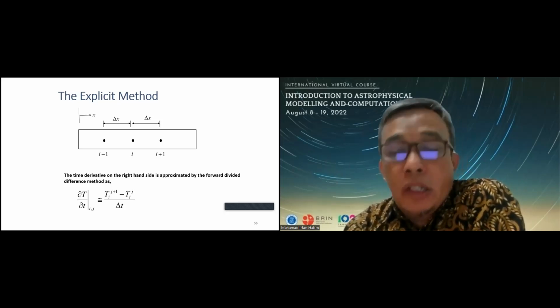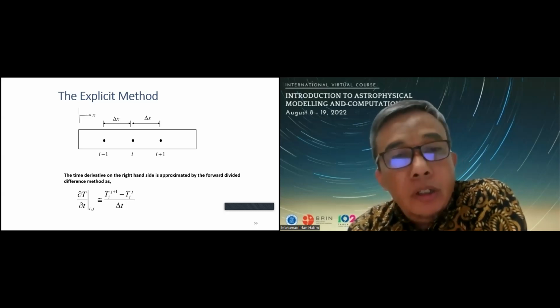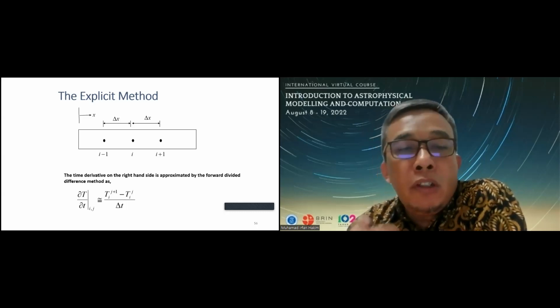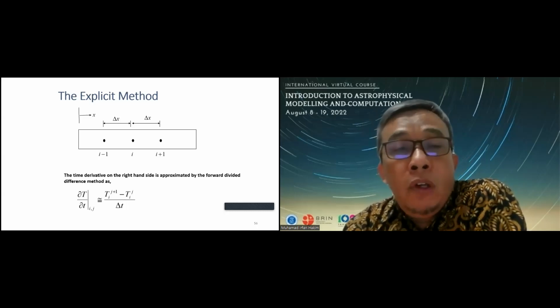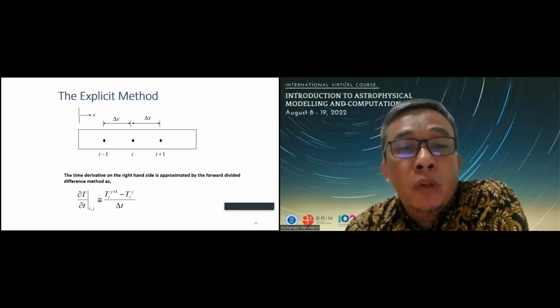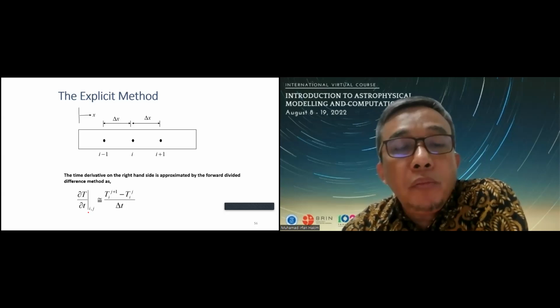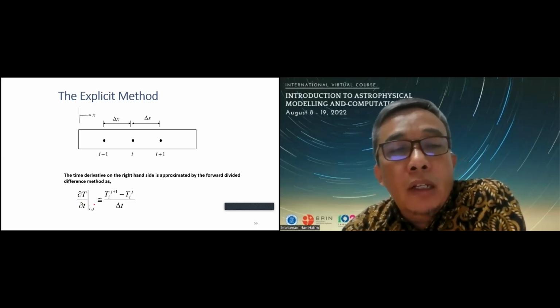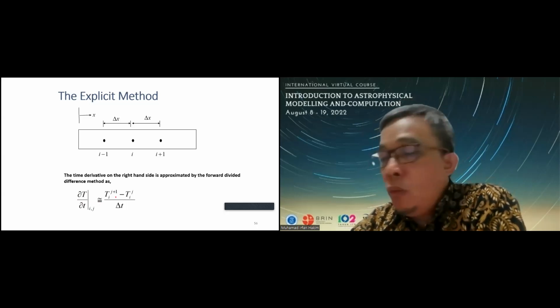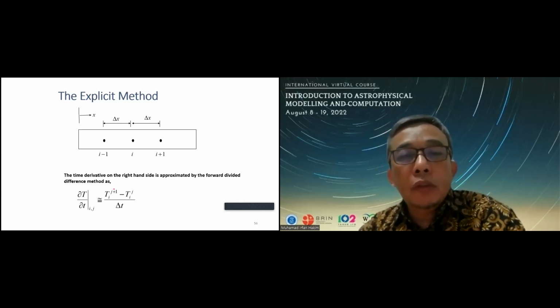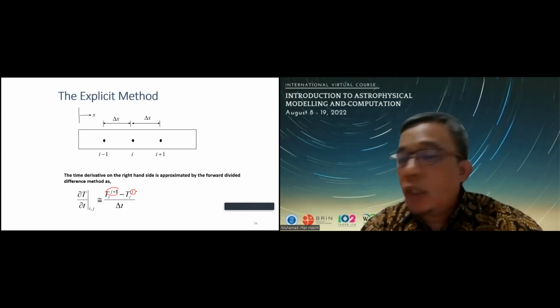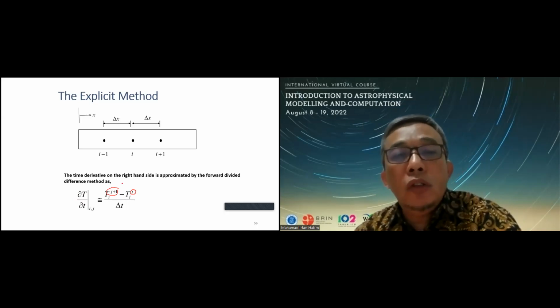But these heat conduction problems also incorporate the first partial derivative of temperature with respect to time. So we need to approximate this partial derivative of t with respect to time. So the superscript here I use is for temporal nodes.